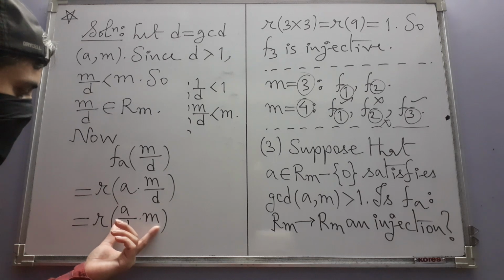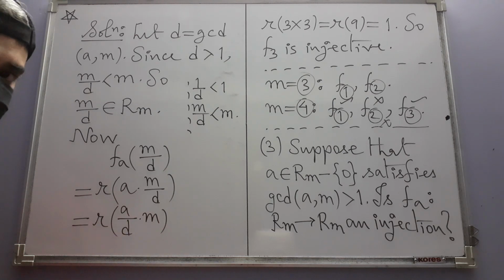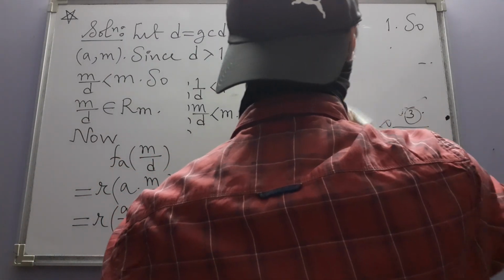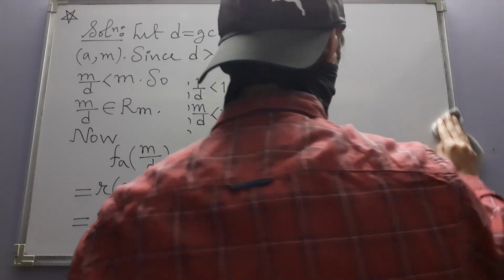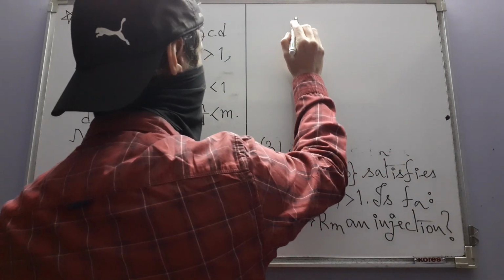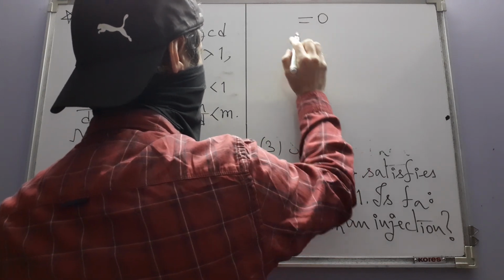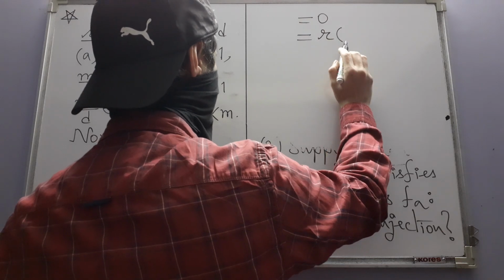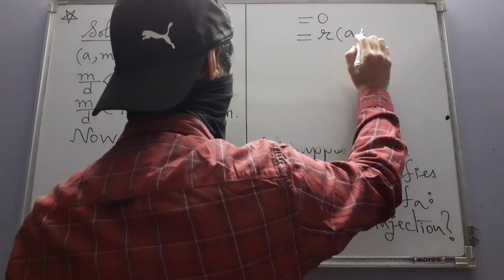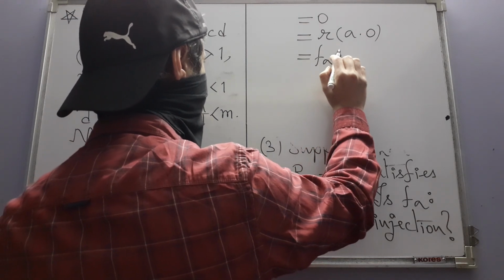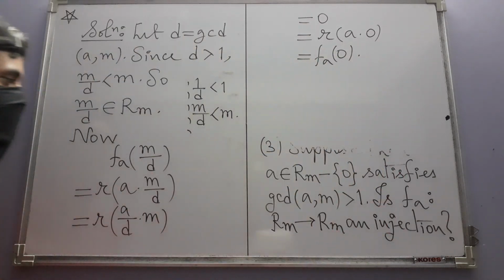So if we divide a multiple of m by m, the remainder we will get is 0. However, something else is also 0, which is r of a times 0 or fa of 0.